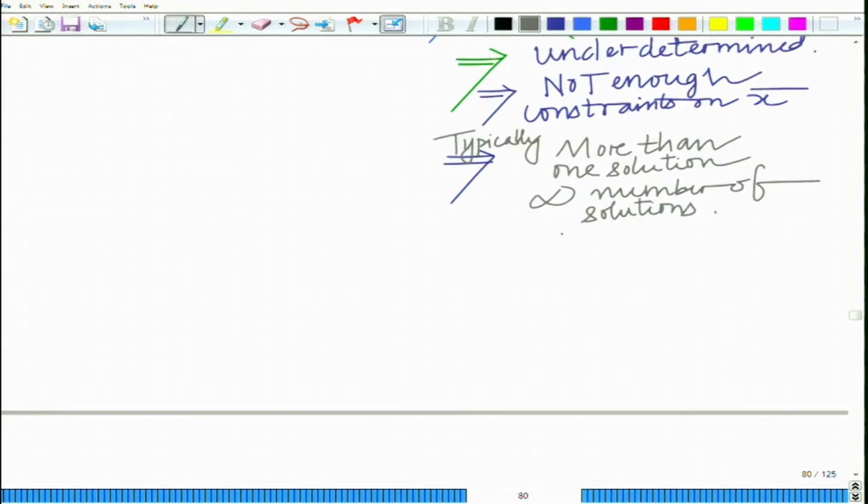Therefore there is an infinite number of possible solutions. So there are fewer constraints on x bar.